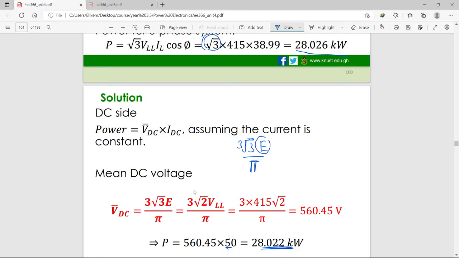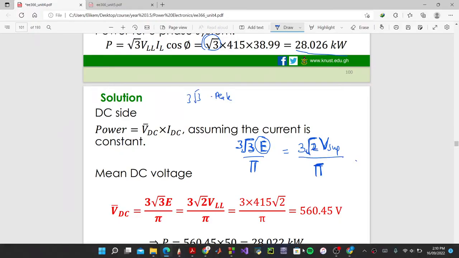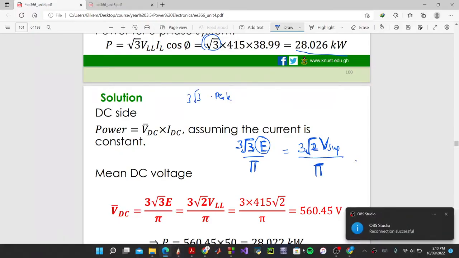This E here is the peak value, but always the values they give us are RMS values. So when given RMS, the formula will become 3 root 2 V supply, that's the RMS, over pi. Peak is RMS times root 2.